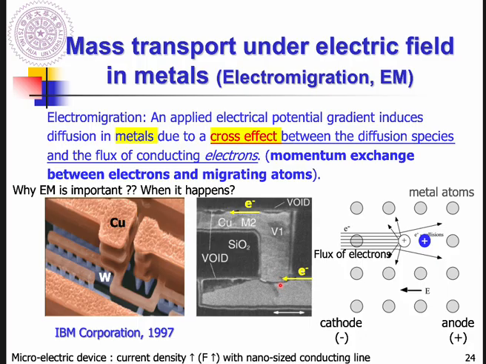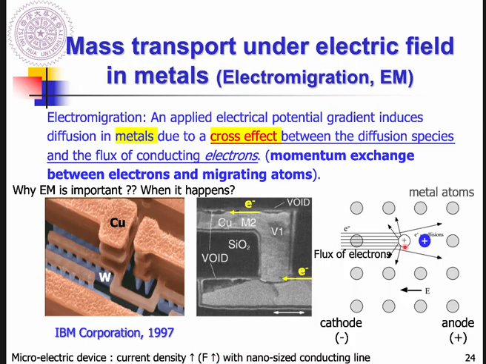This is why it is very important, because in the semiconductor industry they always try to decrease the line width. That leads to a dramatic increase in current density, and the electron flow increases as well.